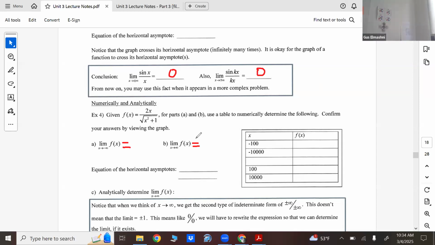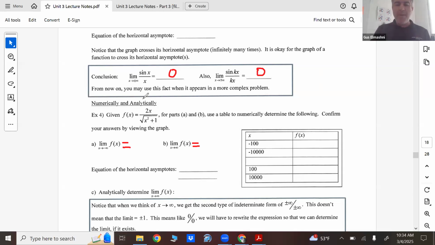Because x squared plus 1, as it gets really large, is basically just going to be x. Well, what if I plug in 100? What's 100 squared? 10,000, right? But then you add 1. Isn't the square root of 10,001 pretty close to the square root of 10,000? And the square root of 10,000 is 100. So it kind of gets back to where it was before, right? And you have 2x. If I plug in 100, of course I get 200. What's 200 over 100? 2. Yeah. So we call this end behavior models.